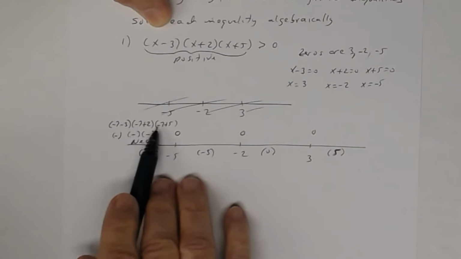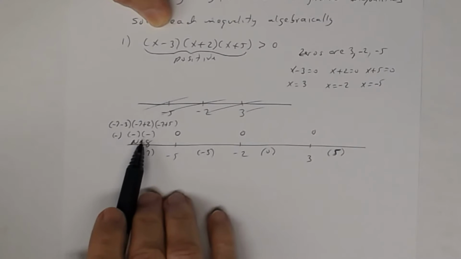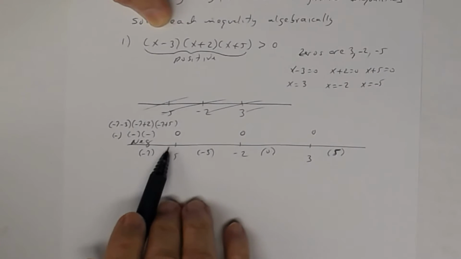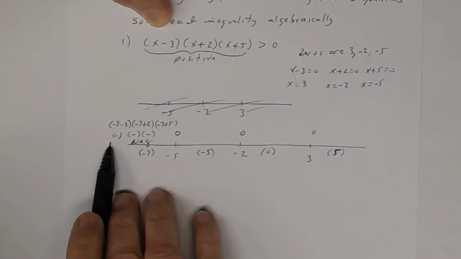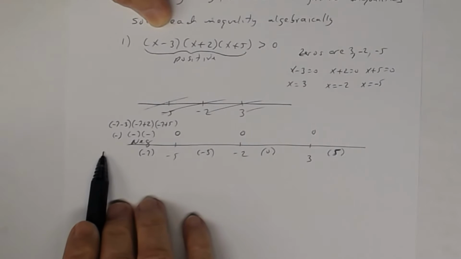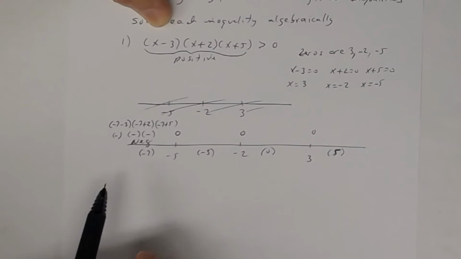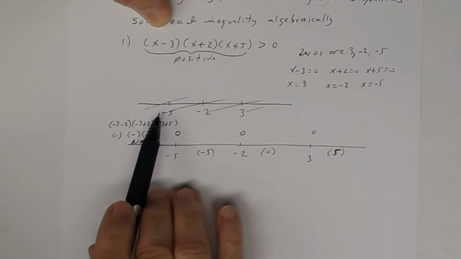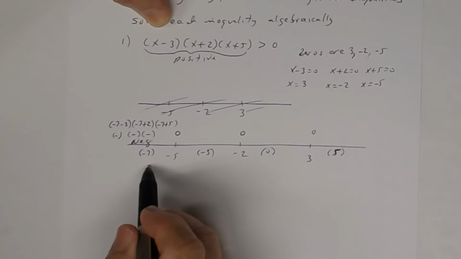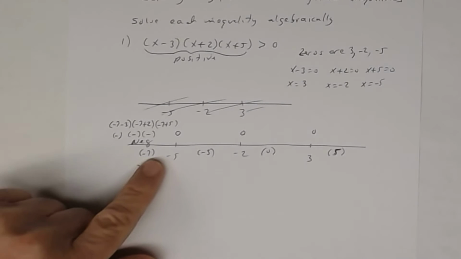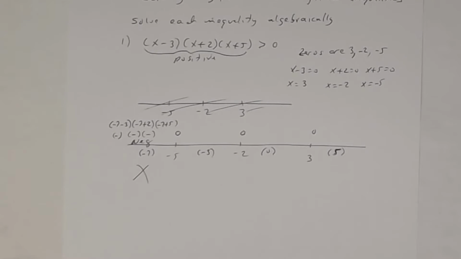When I use that test point, what that means is that if I were to choose any other number in that interval, -8, -10.2, whatever it may be, this product will always be negative. That's not what I want though. I want this product to be positive. So this interval is not going to be a solution. My solutions will not come from this interval.